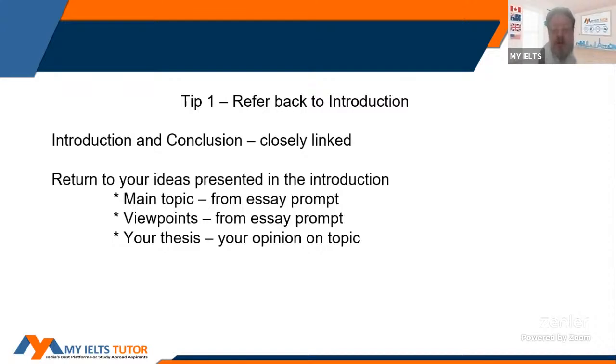Now, again, you also want to include your thesis. Again, this is your opinion on the topic. Your supporting points, if you add them. You may not add your supporting points in the introduction, but you certainly want to include them in your conclusion. So that's why I write if added.